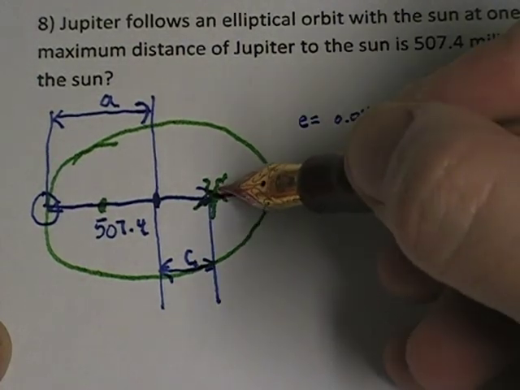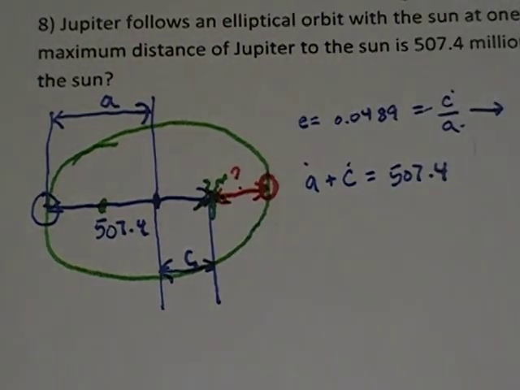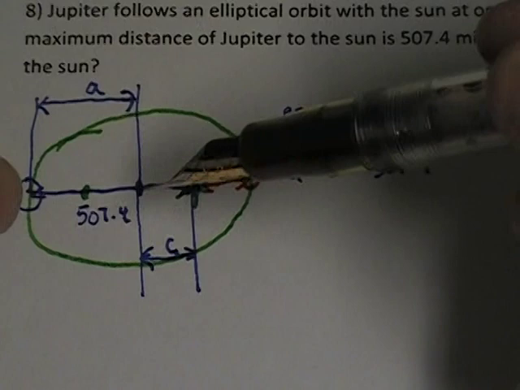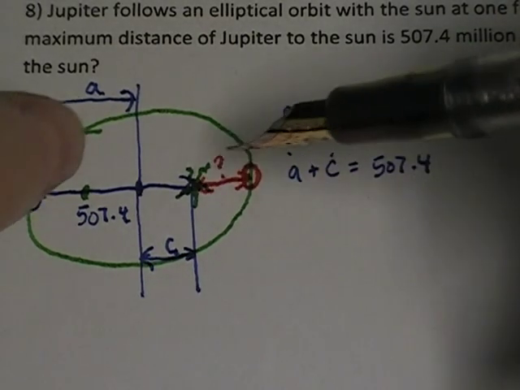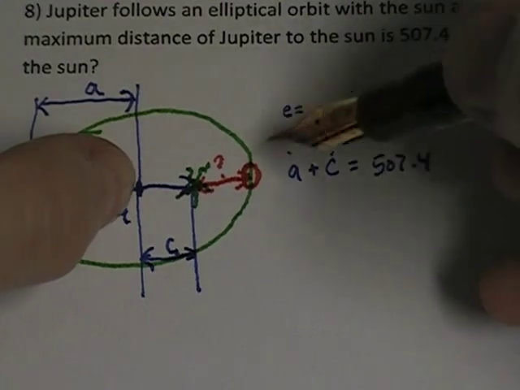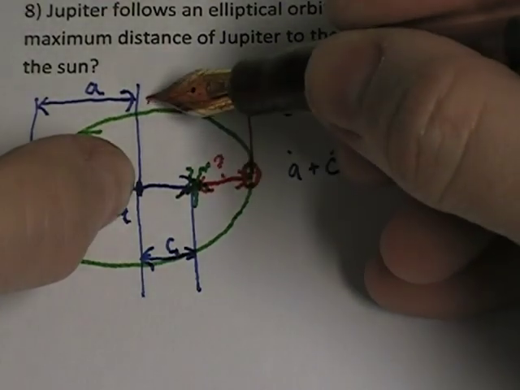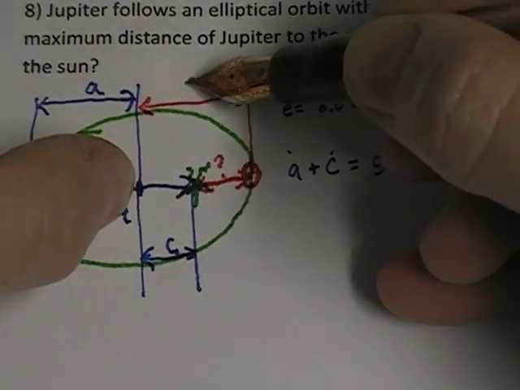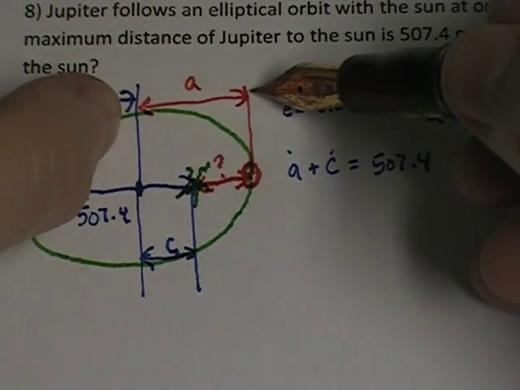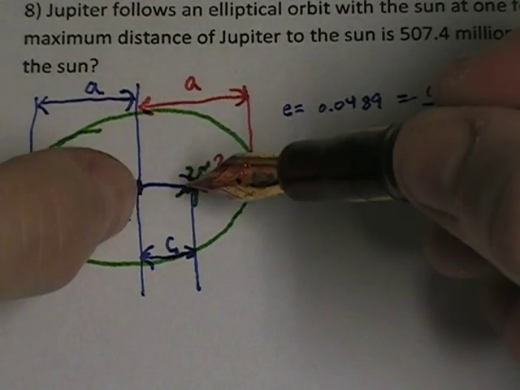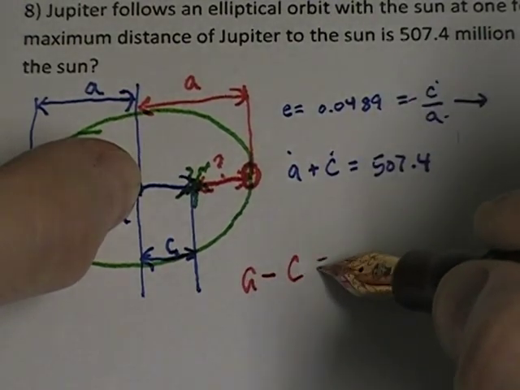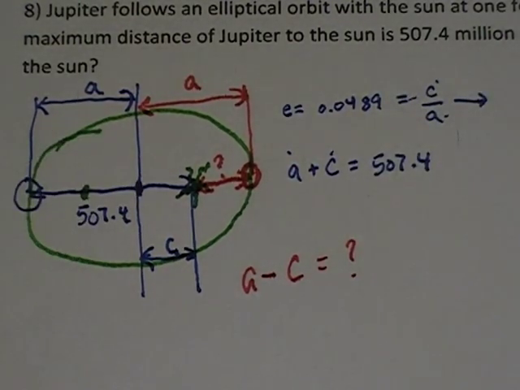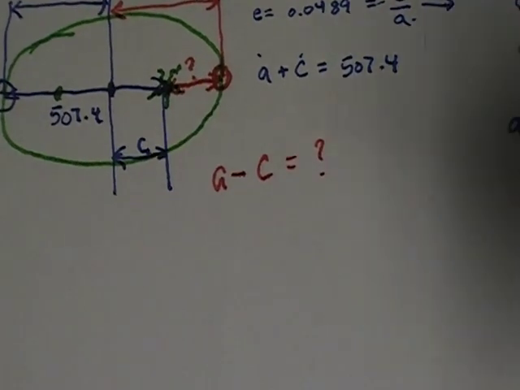They want to know the minimum distance from Jupiter to the Sun? Well, this is A plus C. This distance is going to be A minus C. So what they're asking me to find is A minus C.